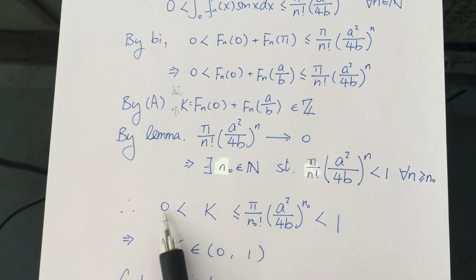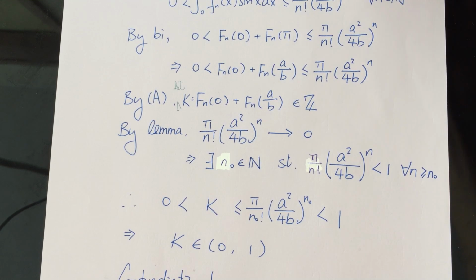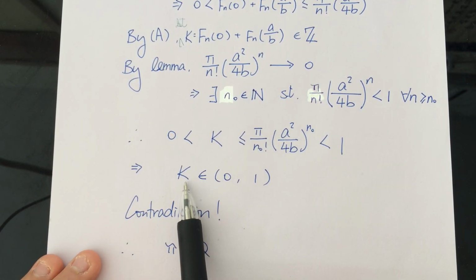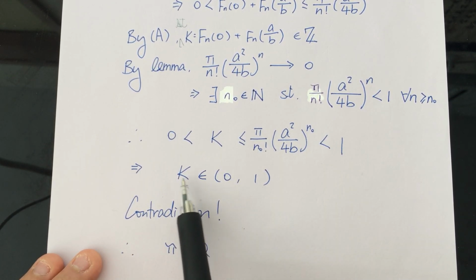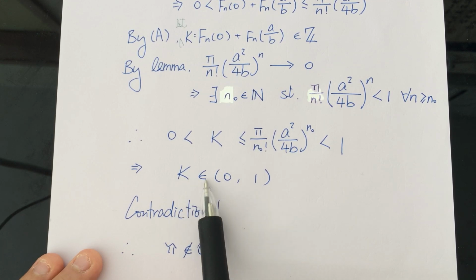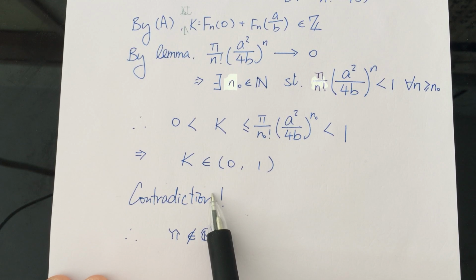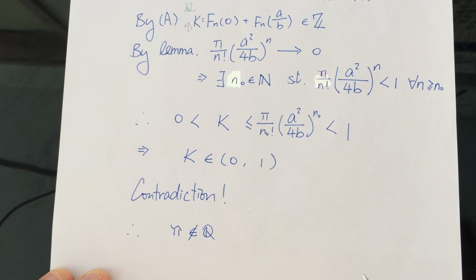Therefore, by this inequality, I have 0 less than an integer less than 1. Now that's a problem. In between 0 and 1, is there an integer? From the inequality here, it suggests that there is an integer in the open interval 0 to 1. That draws a contradiction, which proves pi cannot be a rational number. That means pi is an irrational number.